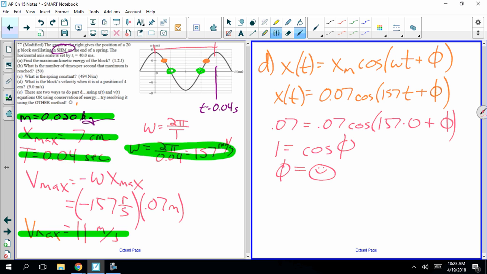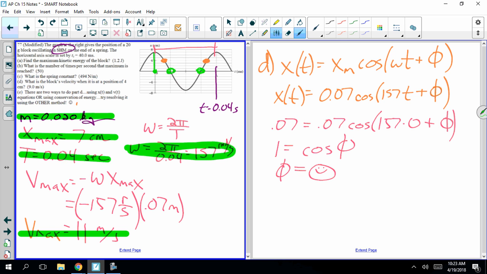What's your name? Sarah. Sorry? 0.07 on this x of t. Is that just because the distance is 0.07? Yeah, just by reading the graph. If you look at t equals 0 and follow the graph up, you're at 0.07. The x of t is the same thing as x.